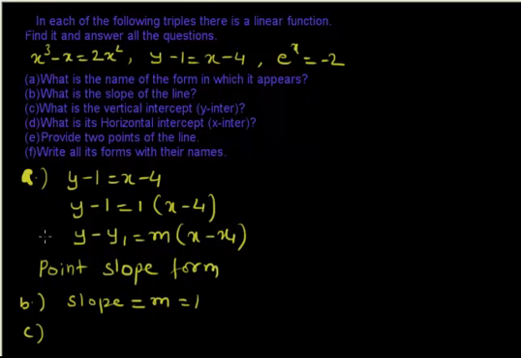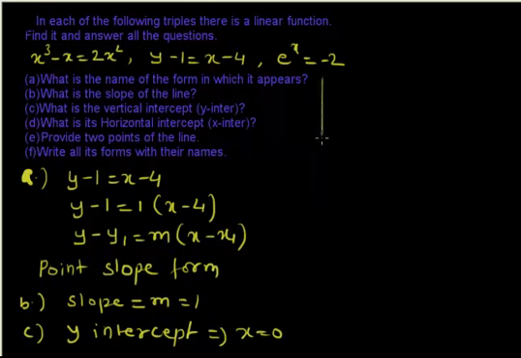For the C part, what is the vertical intercept? Vertical intercept is a y-intercept. Y-intercept is obtained by putting x equals 0 in the given equation.